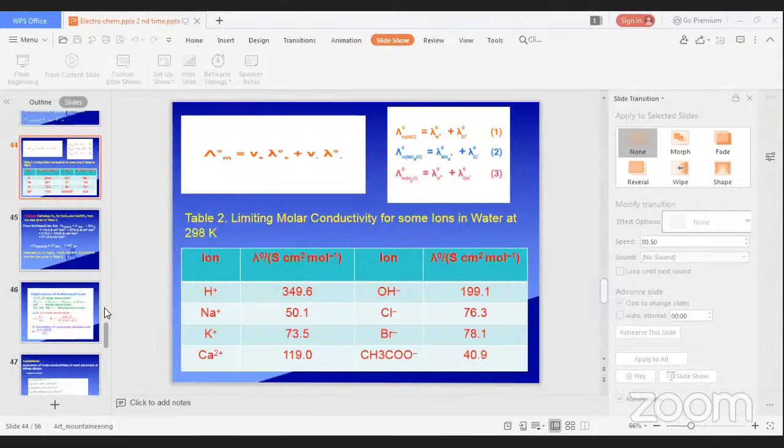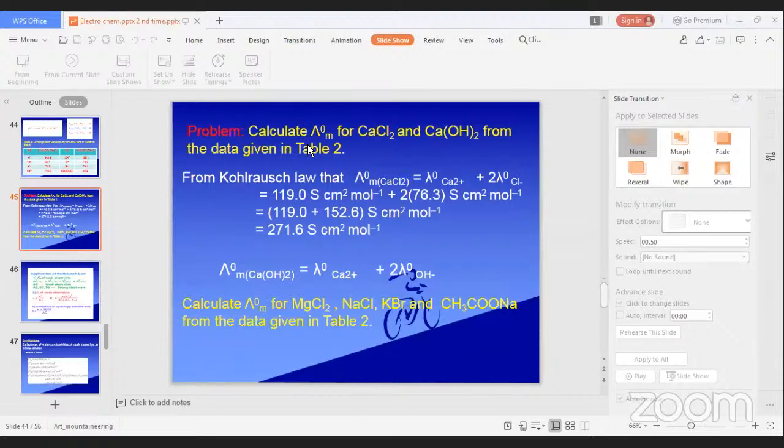By using this table we can calculate the limiting molar conductivity of calcium chloride and calcium hydroxide. From the data given, we have to calculate the molar conductivity of calcium chloride as well as calcium hydroxide.